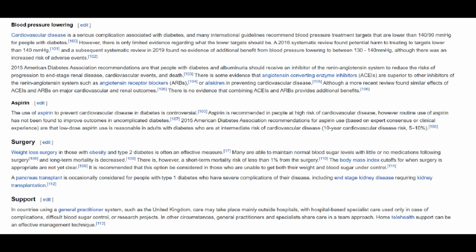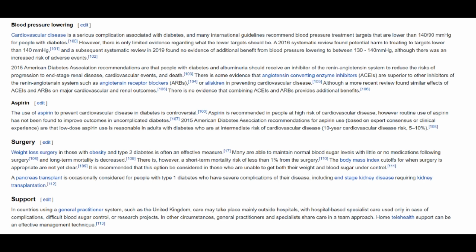A 2016 systematic review found potential harm to treating to targets lower than 140 mmHg, and a subsequent systematic review in 2019 found no evidence of additional benefit from blood pressure lowering to between 130-140 mmHg, although there was an increased risk of adverse events.